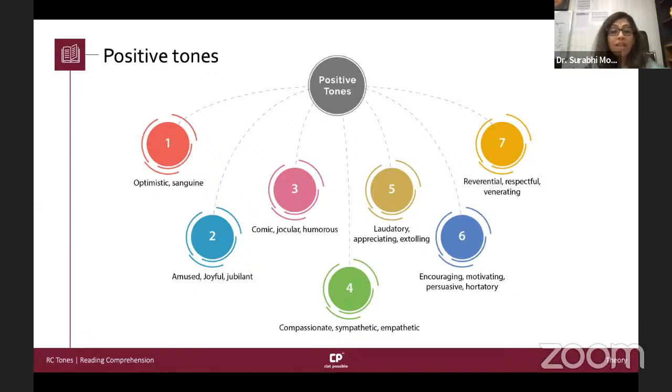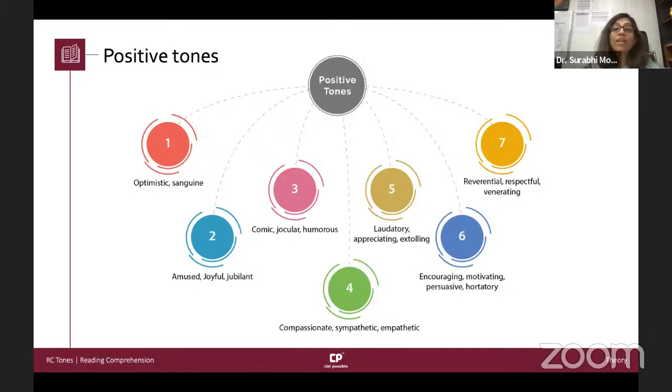The number 5 there, the words for praising are given. Laudatory, appreciating, extolling. Or if the author is paying respects to someone in the passage, then you will choose a tone number 7, reverential, respectful. Or if the author has written a funny passage, then you will choose tone number 3. Encouragement is the tone number 6.